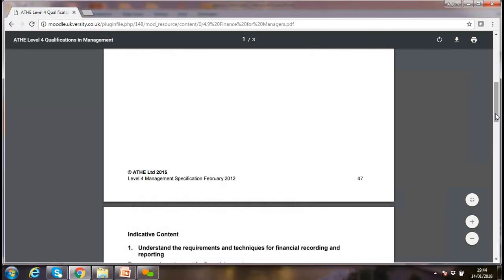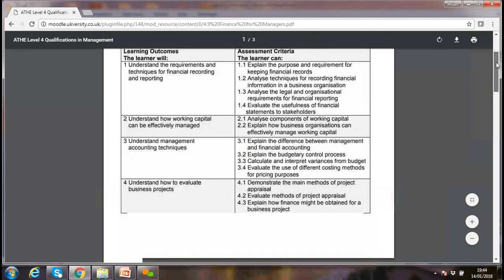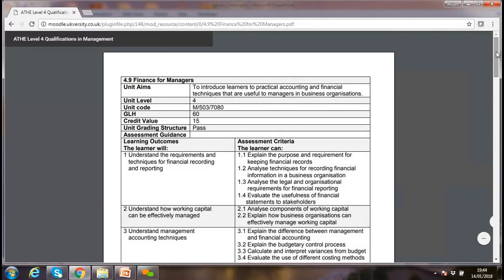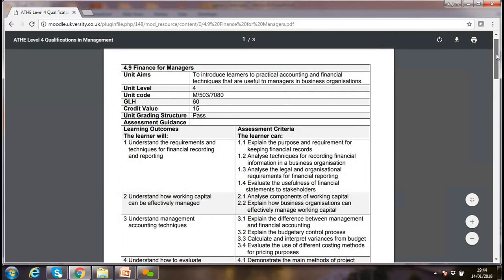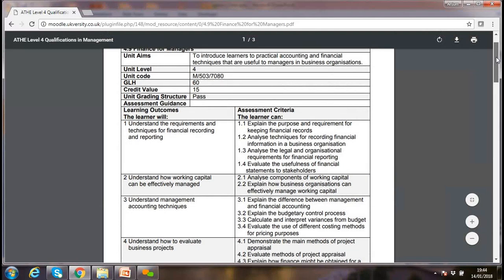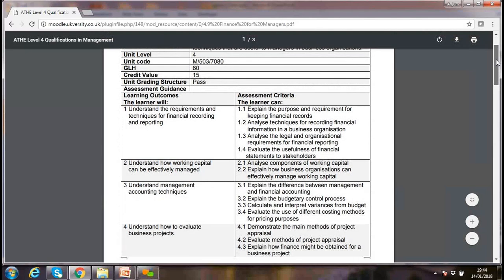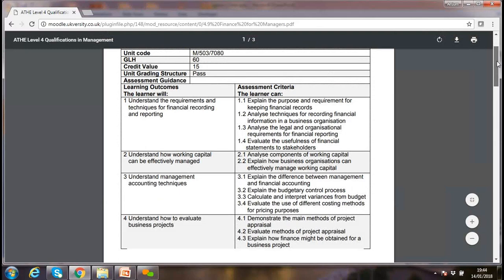I'm not sure, have you learned finance before? I think it was Unit 4.9. Yes. It means you have completed this unit before. I think so. I'll have to have a look. Okay, no problem. We'll go through it, welcome if you want to join.